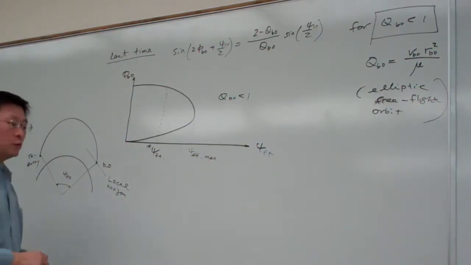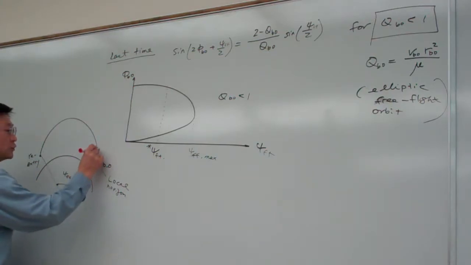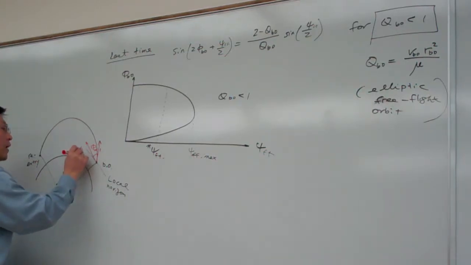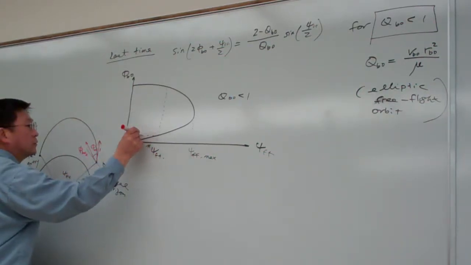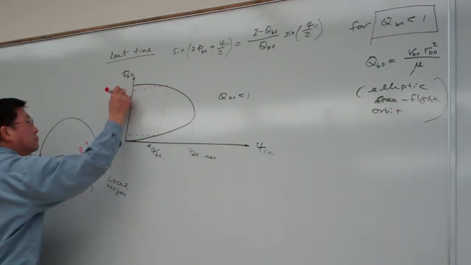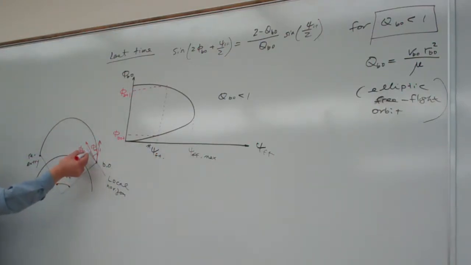That means you would have two options. Either you can shoot high, and that is the phi_BO1, or you can shoot low, and phi_BO2 corresponding to the value here. Either flight path angle can give you the same free flight range, okay. So that is what we have done.